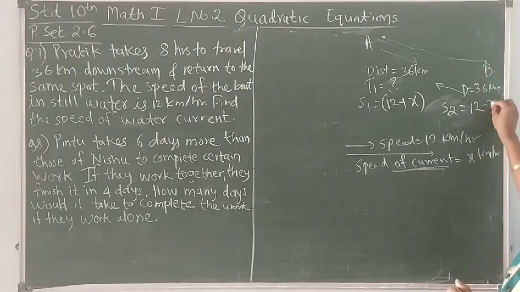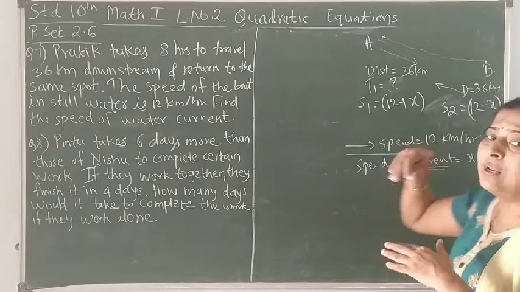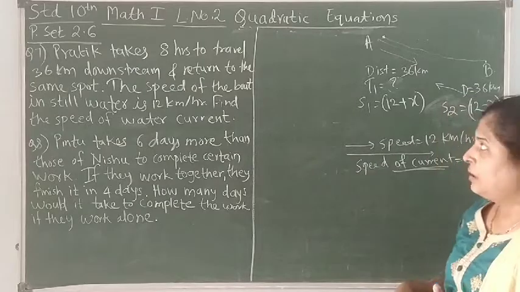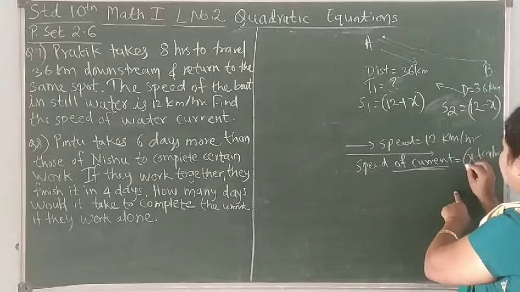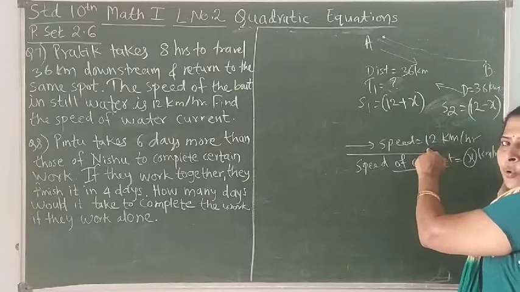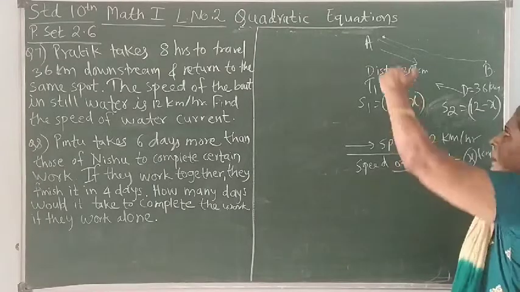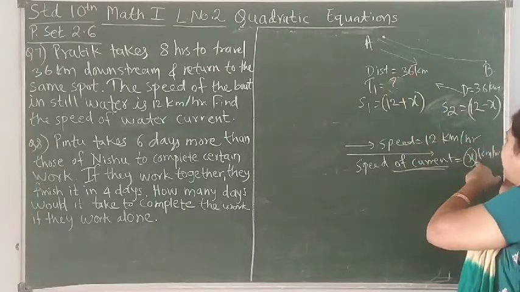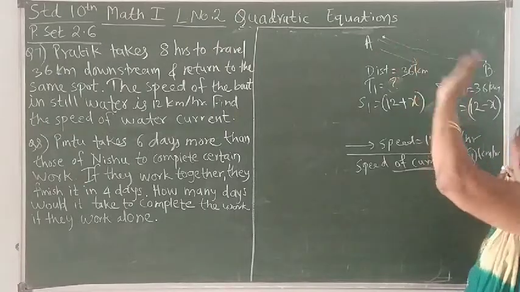So this will be 12 minus x. While going, the current will resist, so it will become less. So my dear students, you have to add the speed of the current to the speed of the boat in still water while going downstream, and subtract it while going upstream.